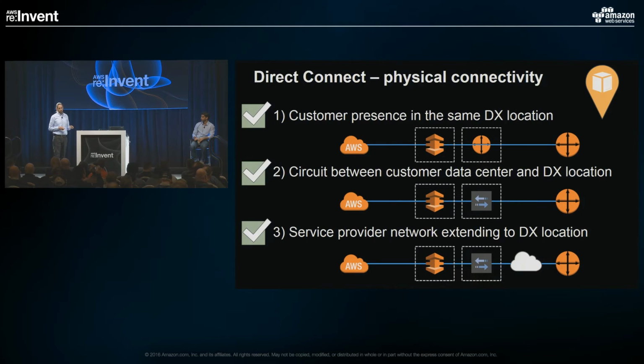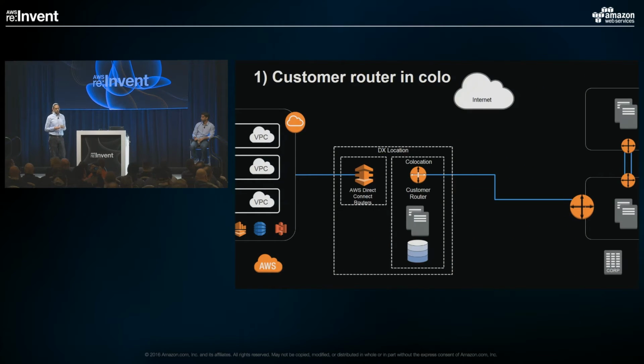And we begin with the simplest option, which is if you have presence in one of these co-locations, in which case you likely have a router there. And if that is the case, Direct Connect cannot be simpler. You simply log onto your account, order a Direct Connect port. You need to tell us which co-location you are in, and if you're interested in a 1 gigabit or a 10 gigabit port.